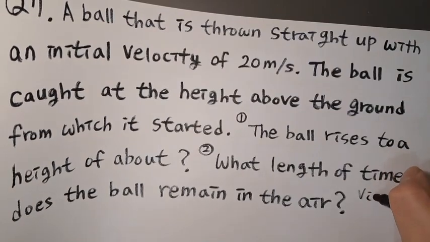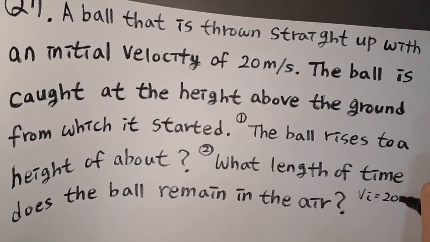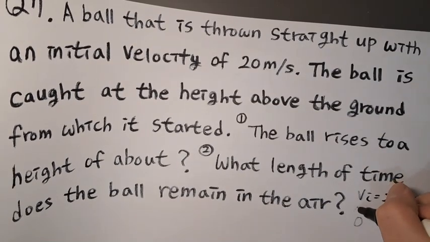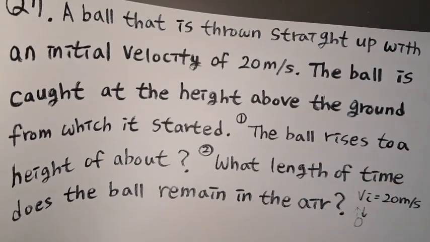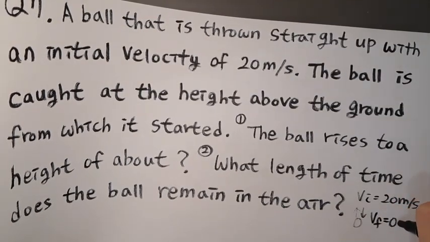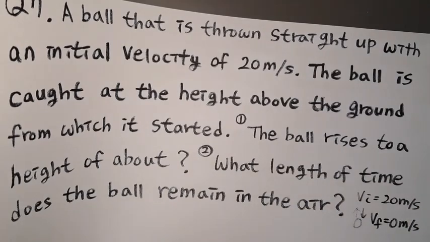So initial velocity is going to be 20 meters per second, and the ball is thrown straight upward. At the highest point, the final velocity is going to be 0 meters per second.